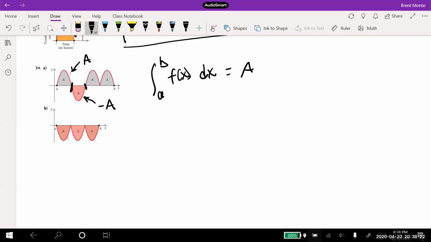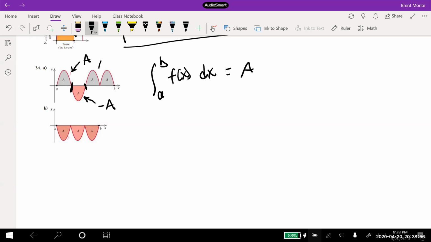If I'm doing profit, and here's x is 0, and this is profit, well, if I'm down here, I've got a negative profit. This area would be the total negative profit I have. And so anytime you're below the x-axis, the integral is going to be negative. So this integral down here is actually negative A.